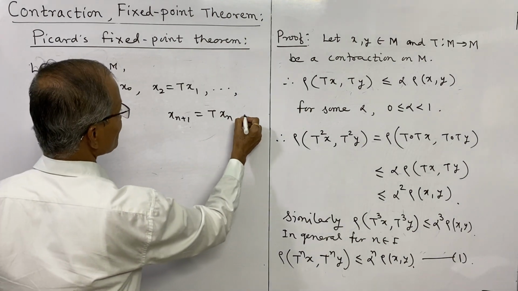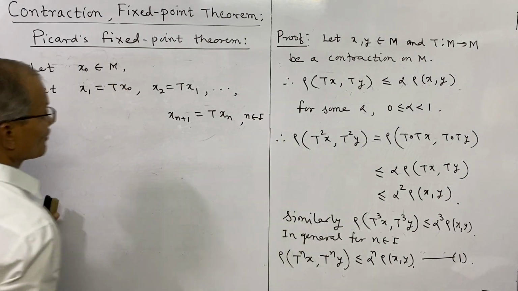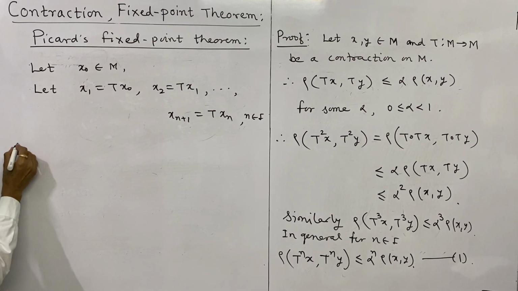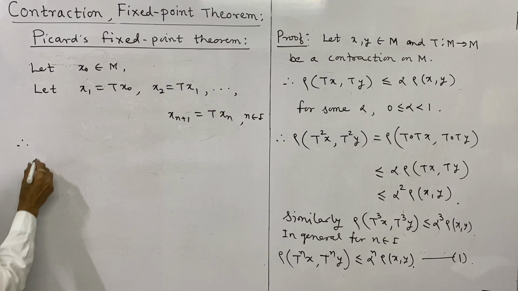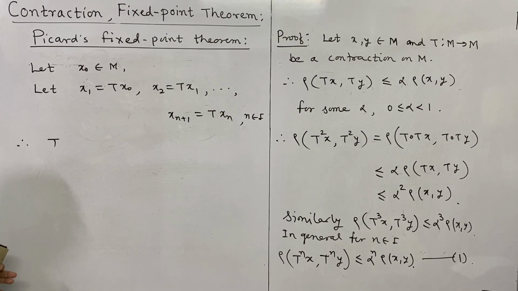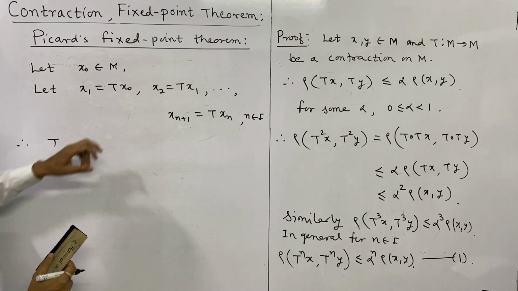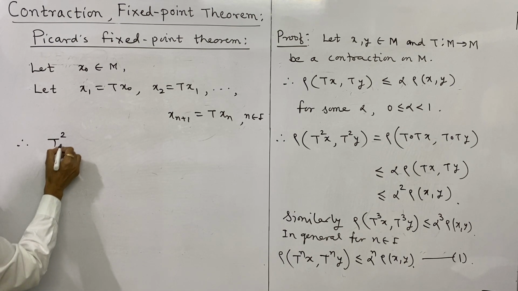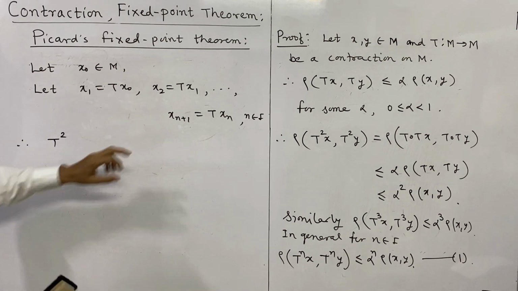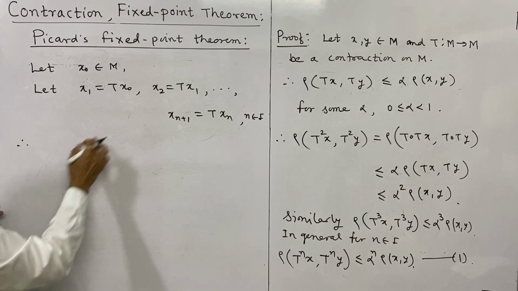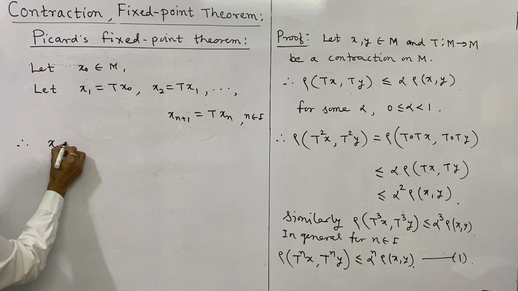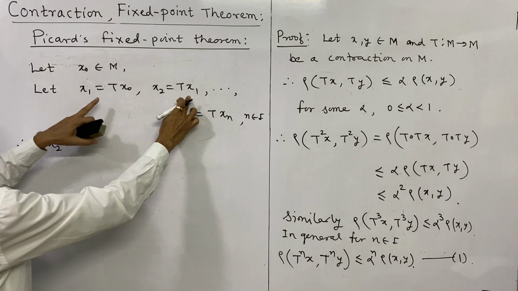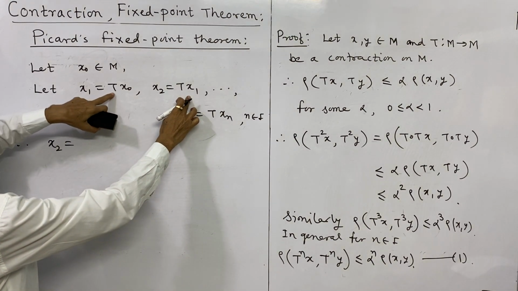Therefore we will have, see, T square. This can be considered as T square x naught. We will consider x2 is equal to... what will be x2? x2 is T x1, and T x1 is T of T x naught.